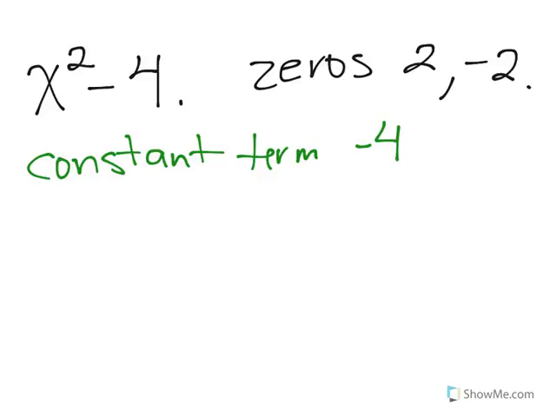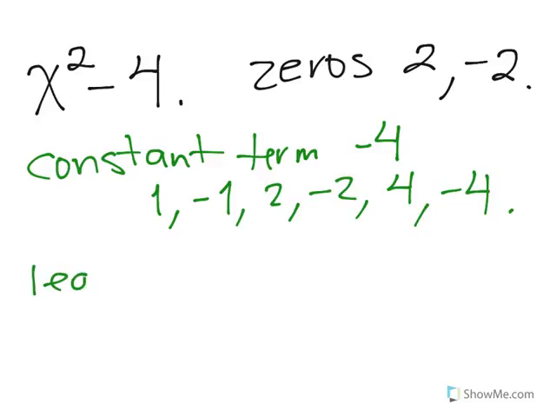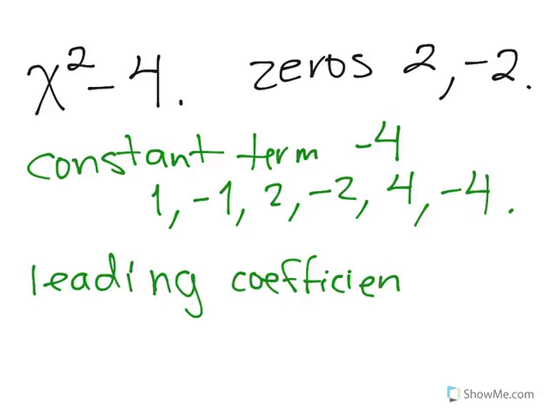And so the factors of negative 4 are 1, negative 1, 2, negative 2, 4, and negative 4. And then we also have the leading coefficient, in this case 1, and so the factor of 1 is just 1.